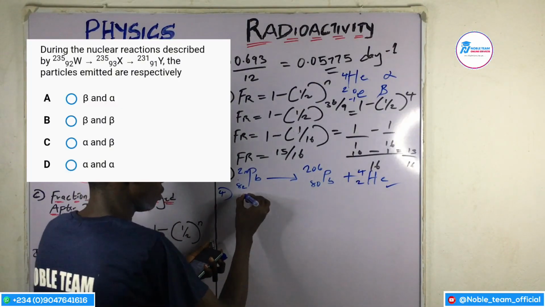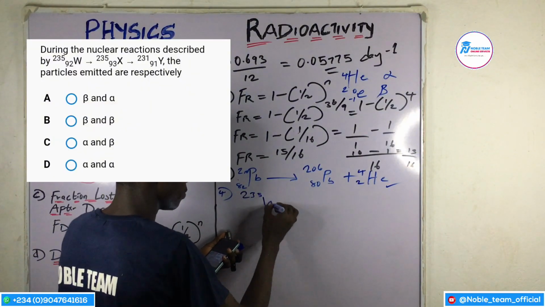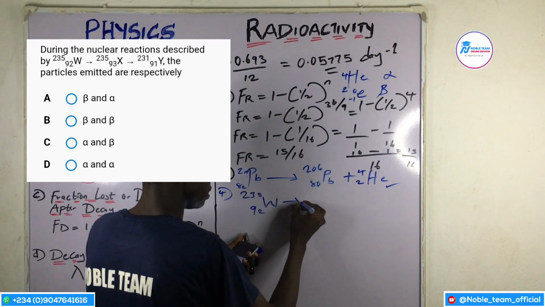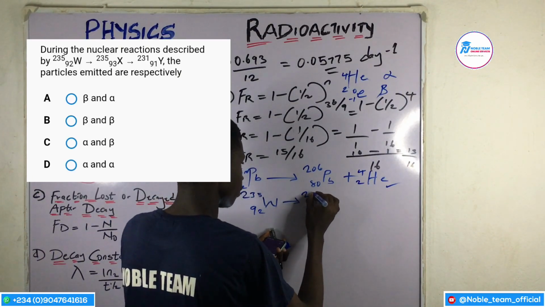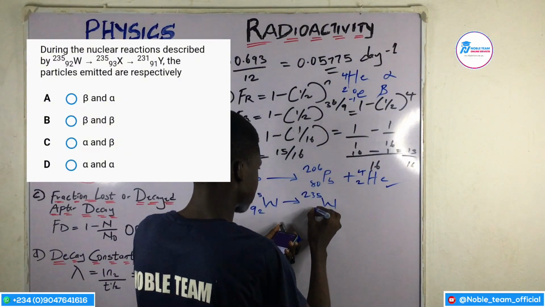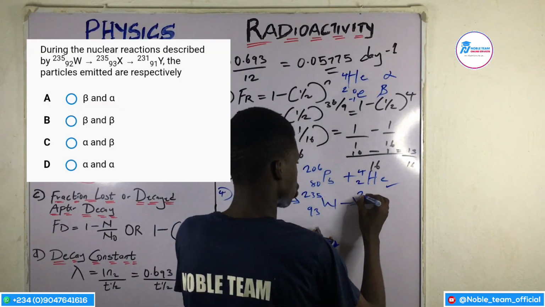So we have 235 with 92, and on the other side 235 with 93, then another one, 2.